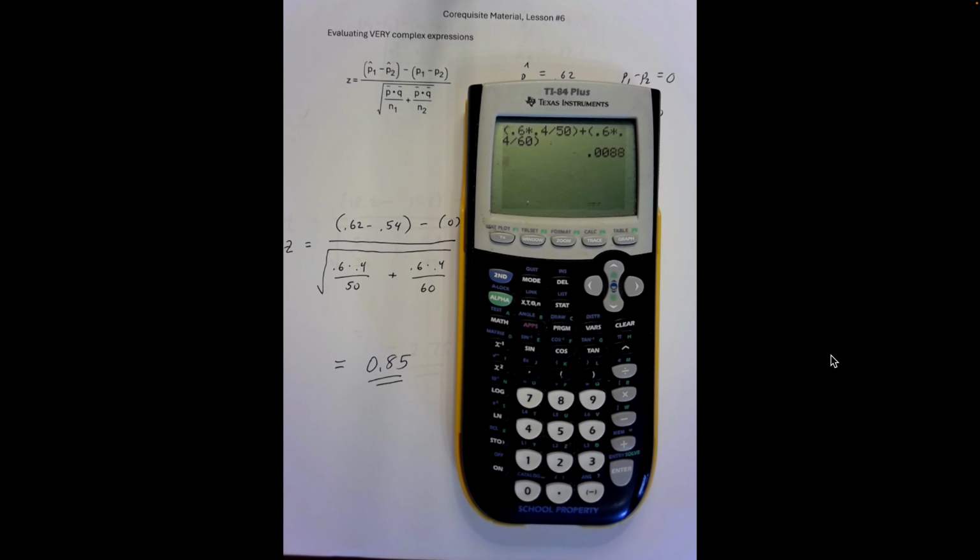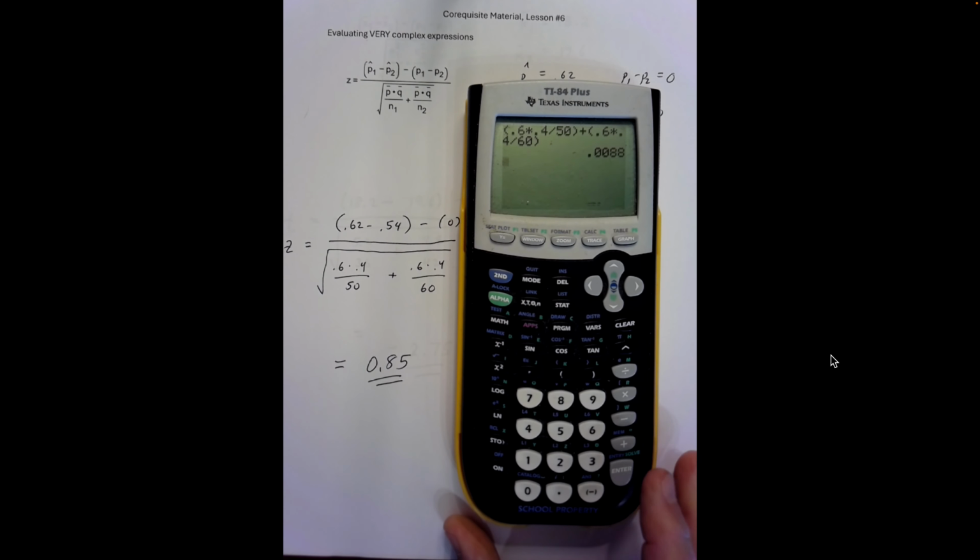When I get that, I get 0.008. Now, this isn't always going to be nicely rounded off, in this case to 4 places. It could be a decimal that's expanded infinitely. But anyway, what I've done is this part right here.